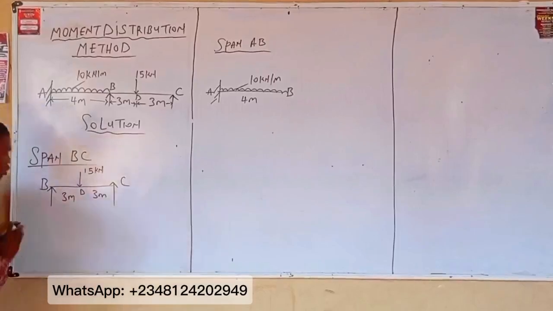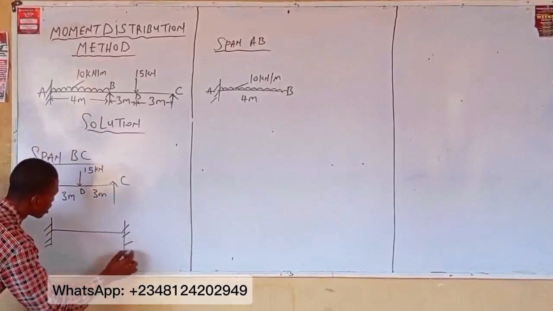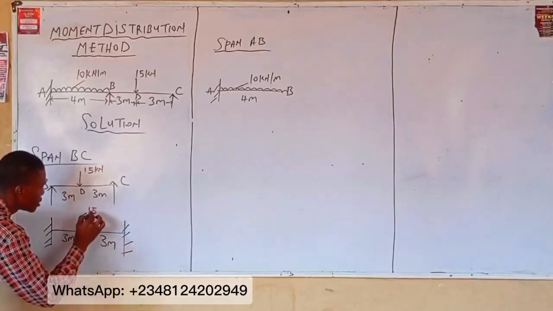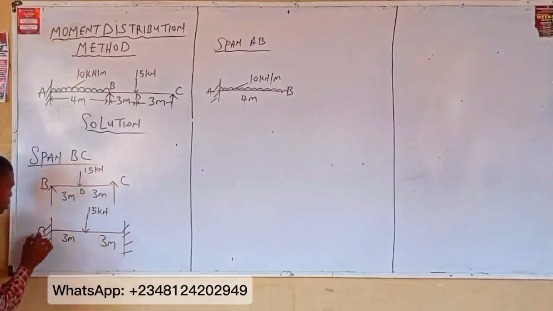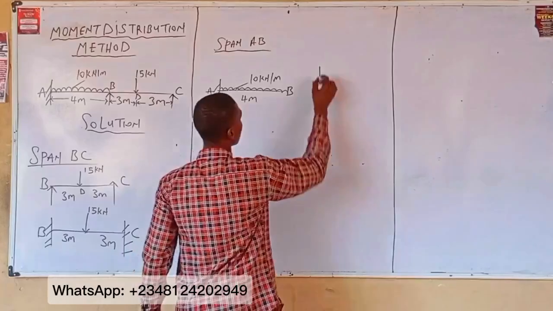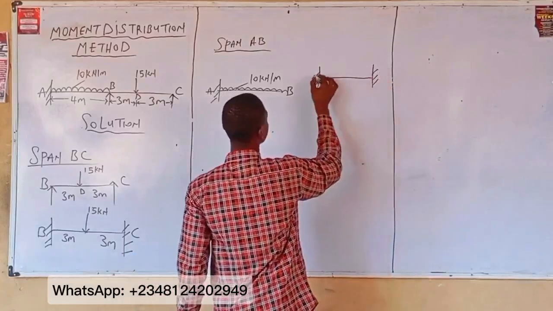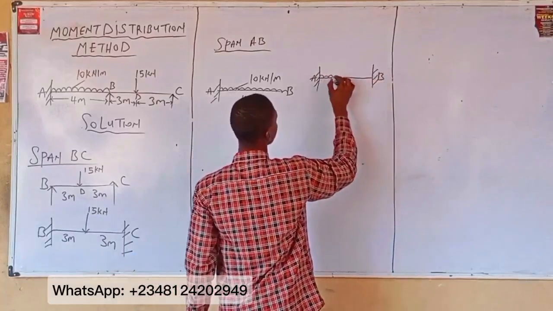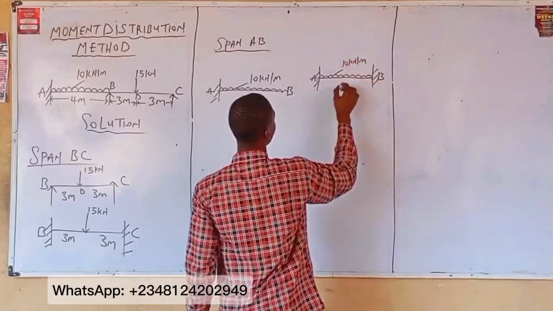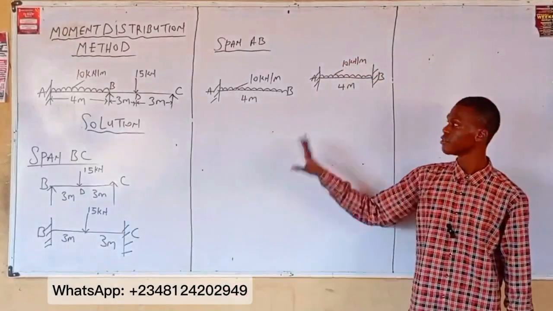Based on your assumption, you can redraw this as this: 3 meter, 3 meter, 15 kilonewton, B and C. Similarly, for span AB, you have your new beam as this: A, B, a UDL of 10 kilonewton per meter, and 4 meter. This is your first task.